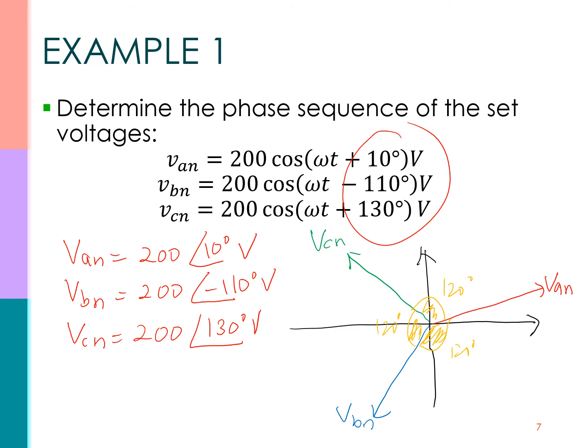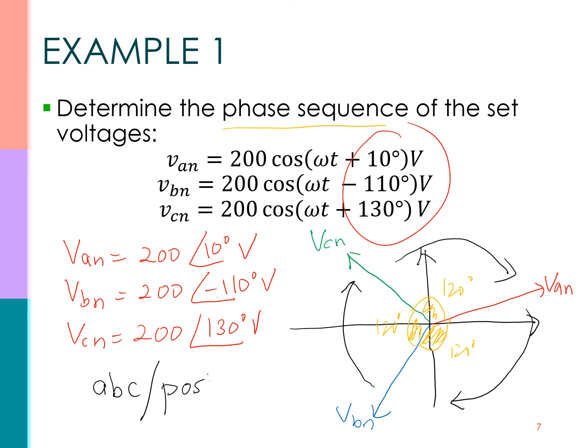Okay, so we want to know the phase sequence of this set of voltages. So you can see that VAN turns to VBN, and VBN turns to VCN, and then VCN turns back to VAN. So from this figure, you can conclude that this phase sequence is an ABC sequence, or we call it a positive sequence.